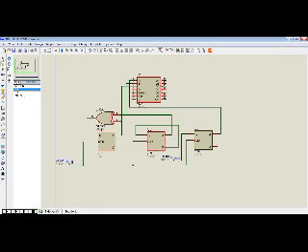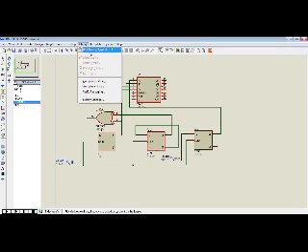We can ground the terminal D because it's not being utilized. Then we insert the 7-segment display.